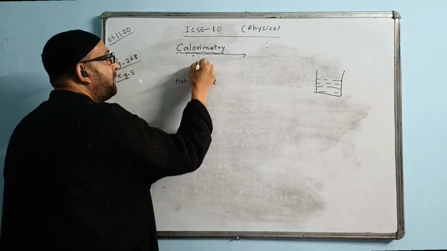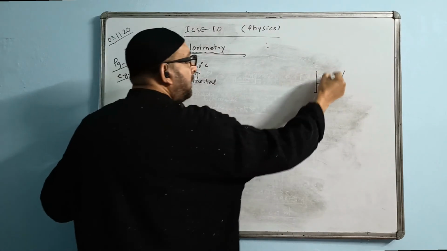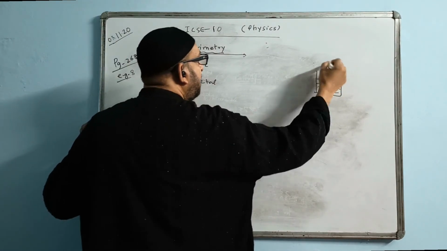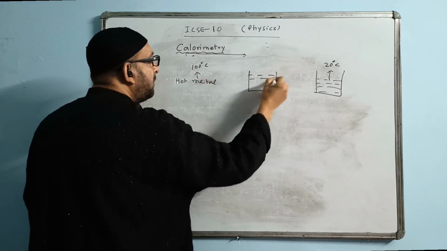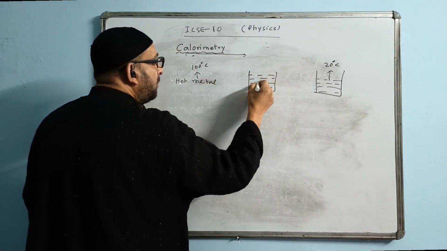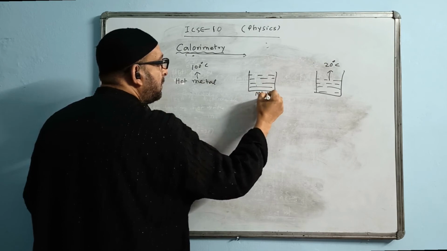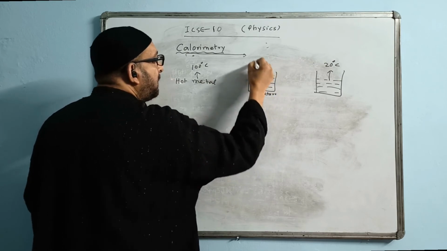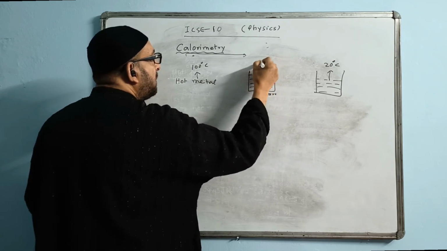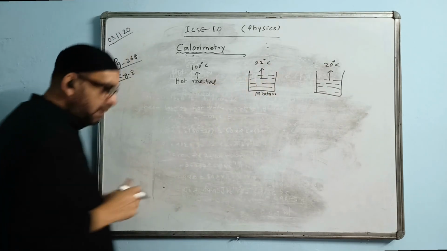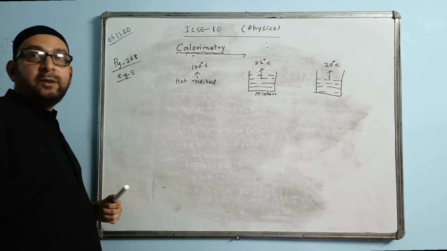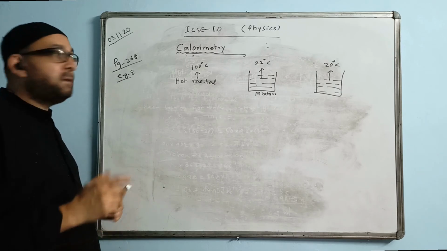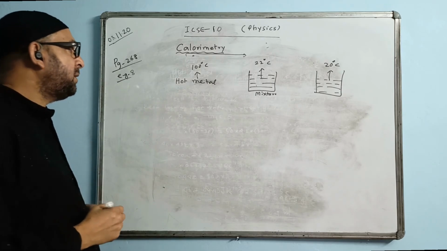Temperature of the hot metal is 100 degrees, and the temperature of the cold water in the beginning is 20 degrees Celsius. The mixture we keep in between. After stirring and mixing, the temperature of the mixture is found to be 22 degrees Celsius, that is the common temperature.